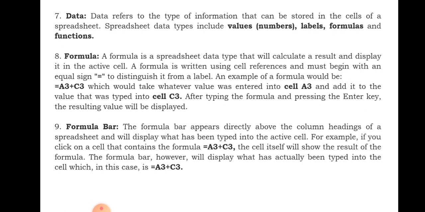So what we are saying here is that for you to understand the function of the formula bar very well, let's assume you are trying to carry out an operation on data that has been input in a cell. A typical example is you are trying to add up the data in cell A3 with that of cell C3. By the time you click enter, the outcome of your operation will be displayed in that cell, but the real operation, the real data that the operation was performed on, will still appear on your formula bar.